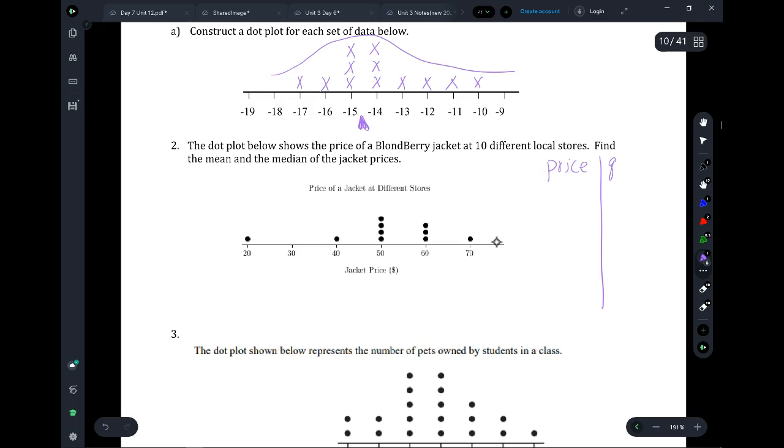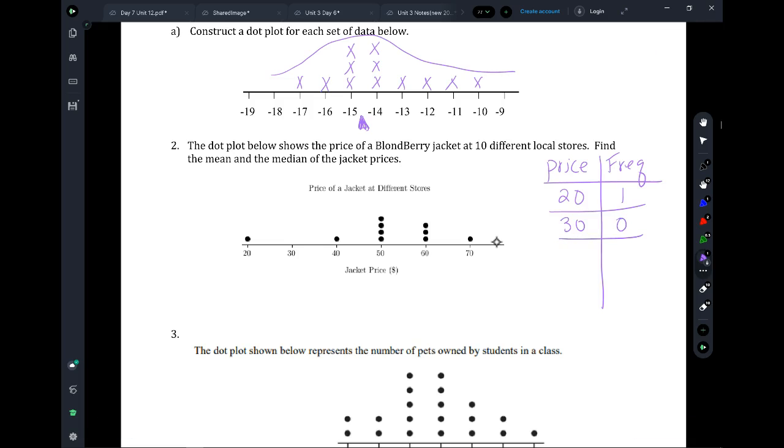I'll put frequency, since this is talking about frequency. We have $20, and there's one dot at $20. $30, there's none. If you don't want to include that data point, that's fine.